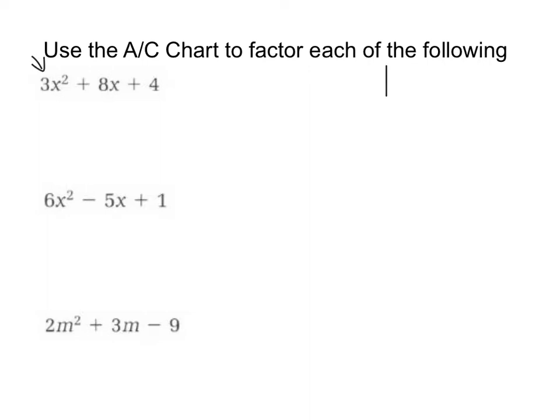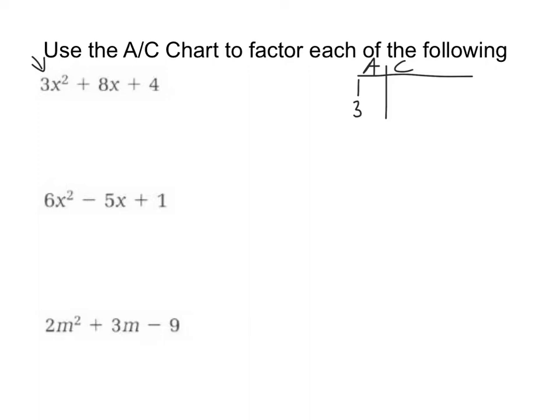Over to the side, we're going to write what we call a little AC chart. All the ways of getting 3 when we multiply is 1 times 3, and there's really no other options for the a value. Technically, you could do 3 times 1 as well, but we're just going to write the 1 version for the a value.